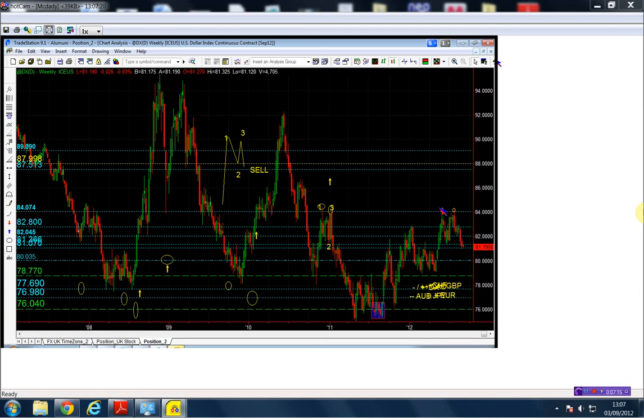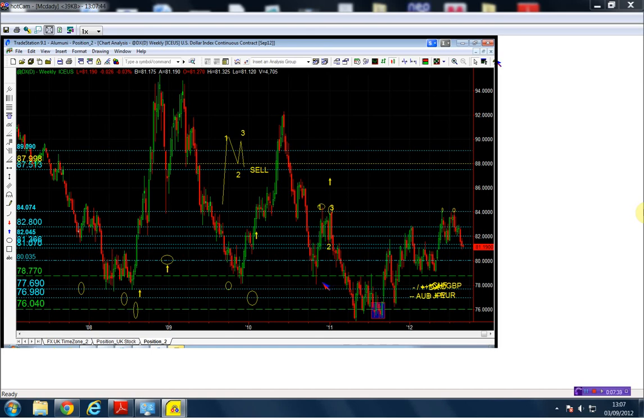And the structural point that would indicate a major trend change for the dollar to the upside has been the 84.07. And as you can see, from the latter part of 2011 until now, at least for the last year, we're now in September 2012.